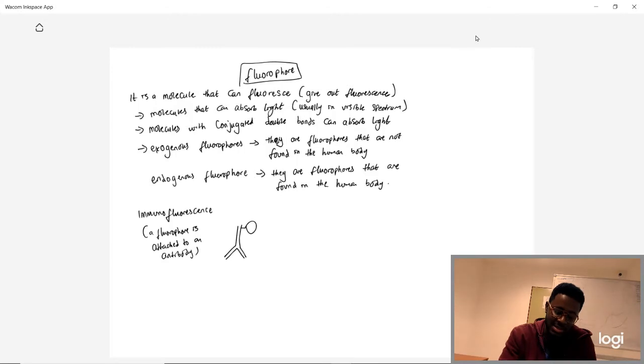Membrane potential fluorophores are fluorophores that can move from one membrane compartment to another when there's a change in membrane potential. That's the membrane potential fluorophore application.